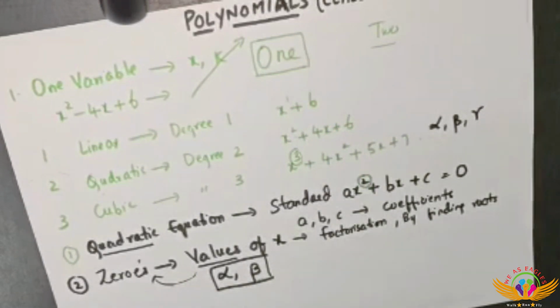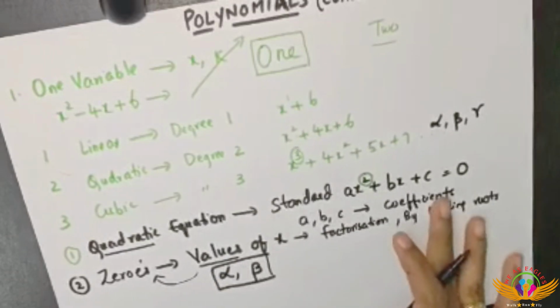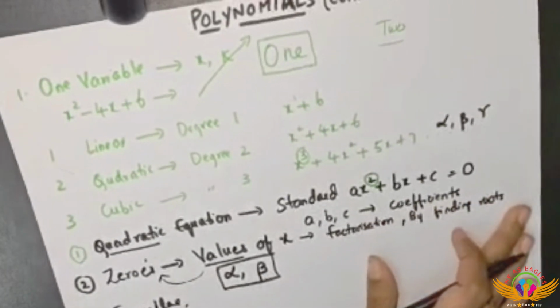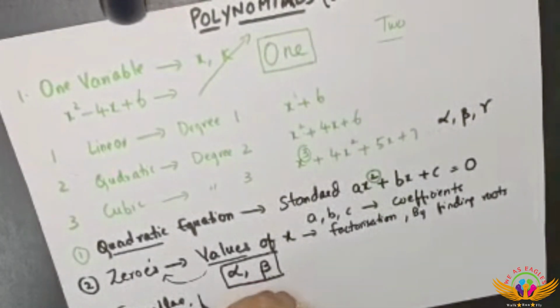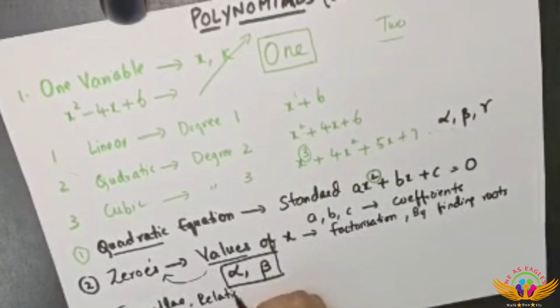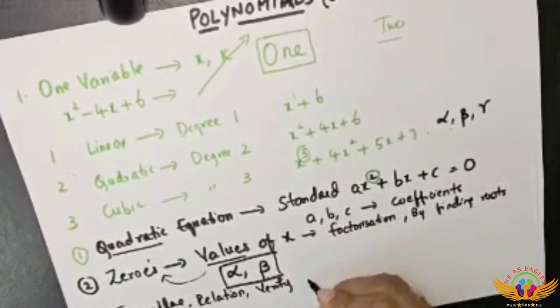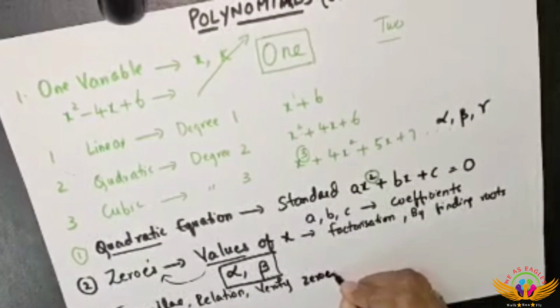The third important part is to find the formulae. Sometimes in questions we talk about the relation, and verify the relation between zeros and coefficients.